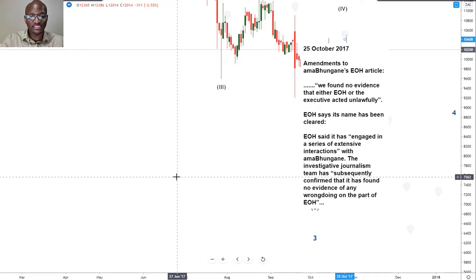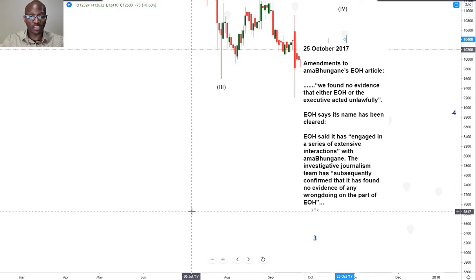And later on in that day, there was another news article with the headline, "EOH says its name has been cleared." And quoting, "EOH said it had engaged in a series of extensive interactions with amaBhungane.